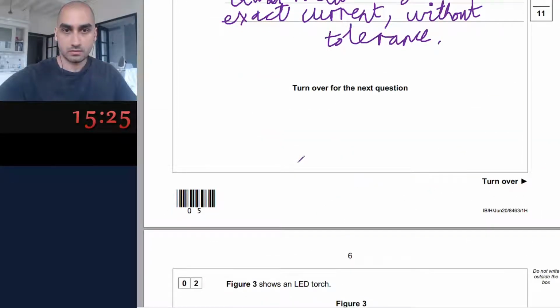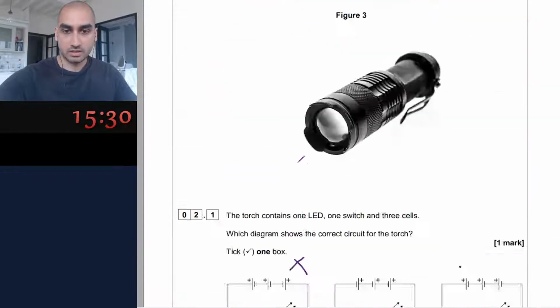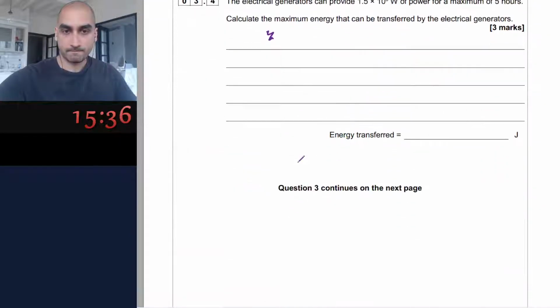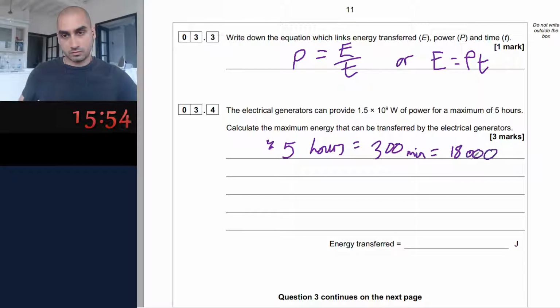Coulombs, volts. So for this question, we actually need to be careful. First, we need to convert 5 hours equals 300 minutes equals 18,000 seconds, is that right? Yes. Okay, so it needs to be in seconds.